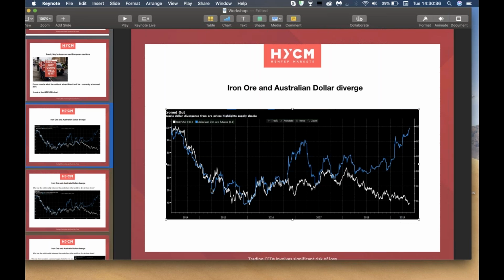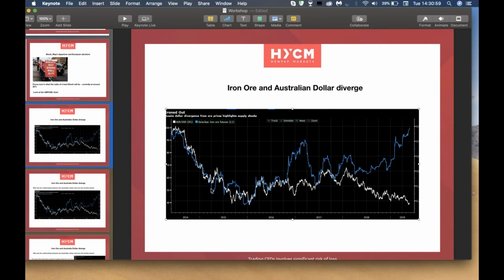Now the reason is that Australia is the world's largest exporter of iron ore. In fact, around 50% of the globe's entire iron ore exports come from Australia. So that's why it's such a key link between the two.